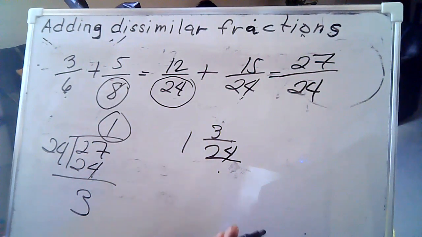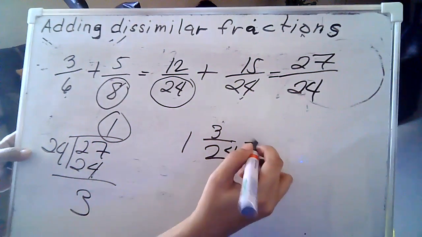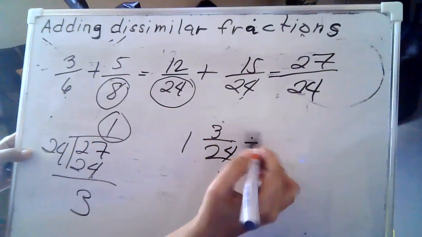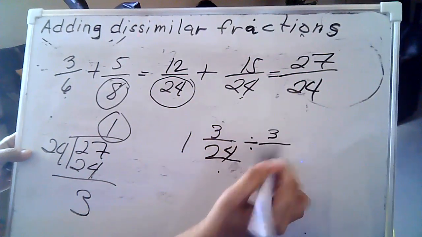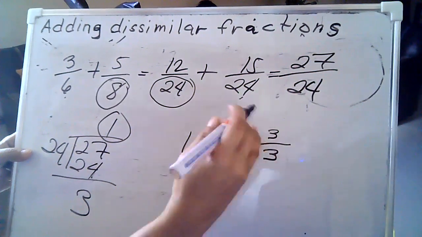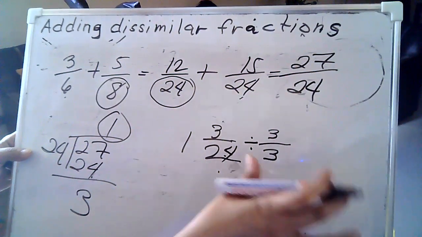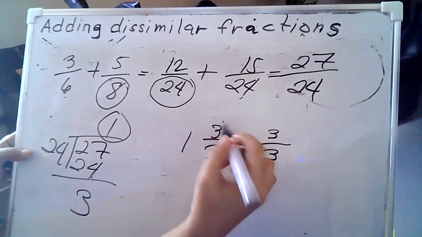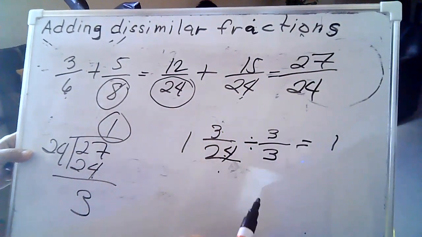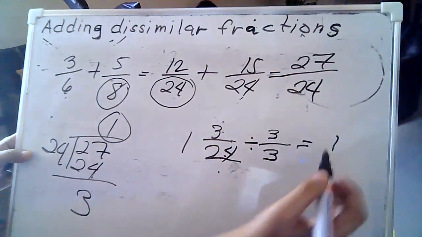Ano yun? 3, diba? So, they can be both divided by 3. So 3 can be divided by 3 and 24 can be divided by 3. So both the numerator and denominator are divisible by 3. So 3 divided by 3 is 1, and then 24 divided by 3 is 8.